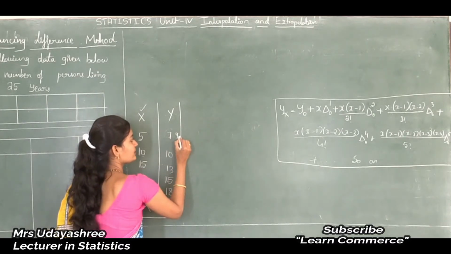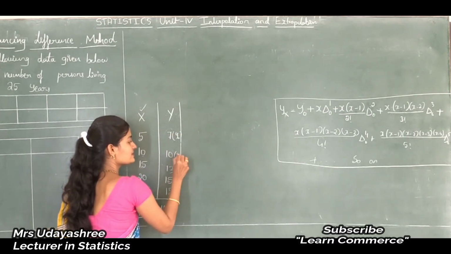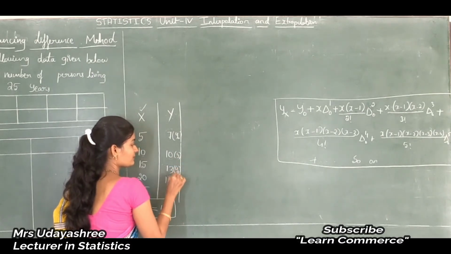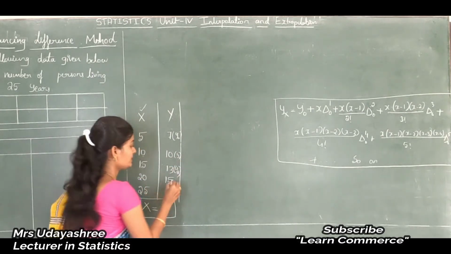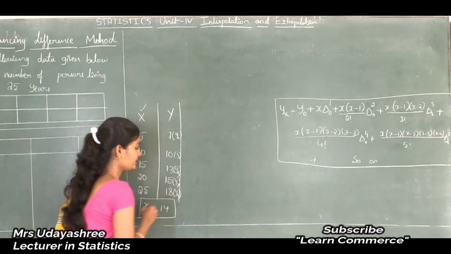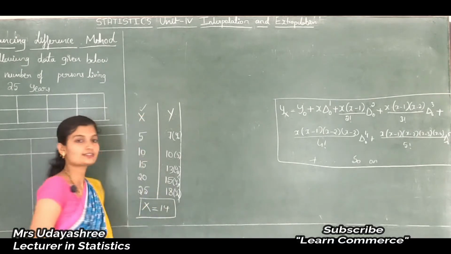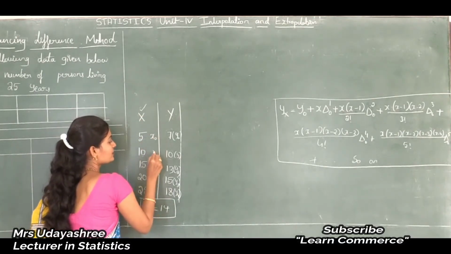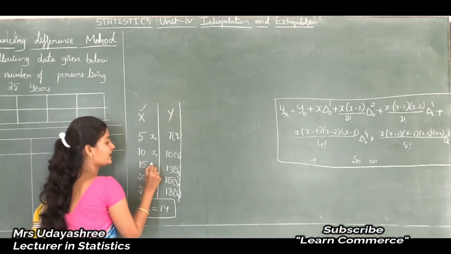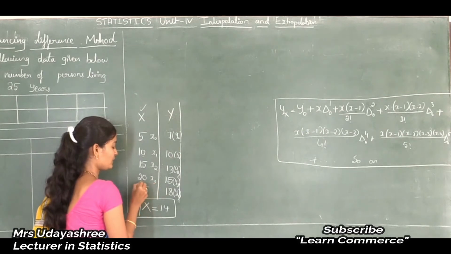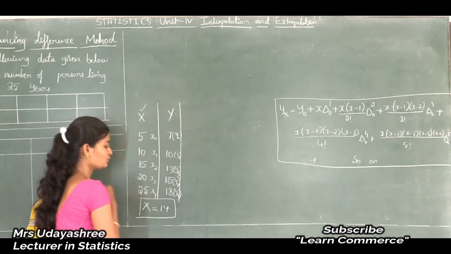is y naught. Then y1 is 10, y2 is 13, y3 is 15 and y4 is 18. Like that, for x observation, the first observation is x naught, then x1 is equal to 10, x2 is equal to 15, x3 is equal to 20 and x4 is equal to 25.